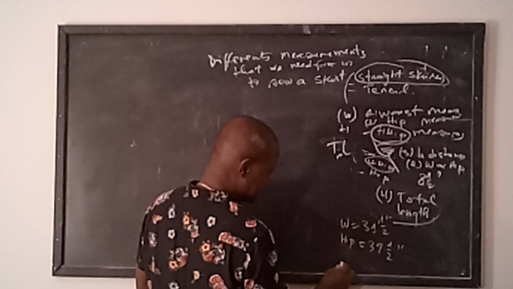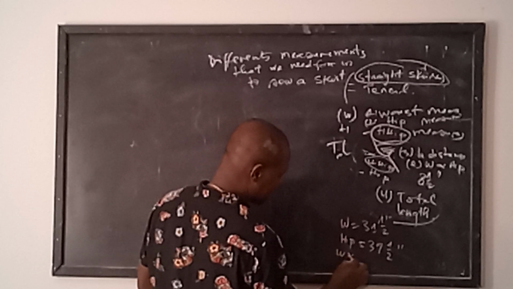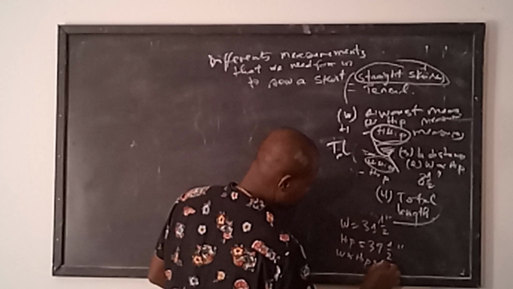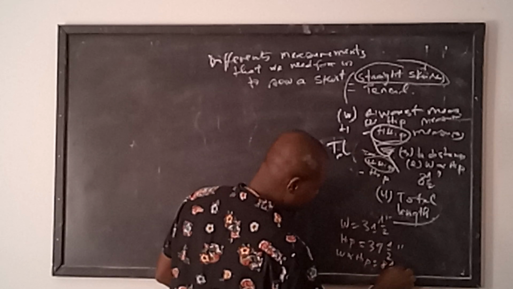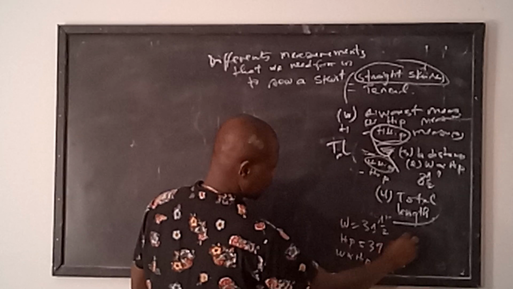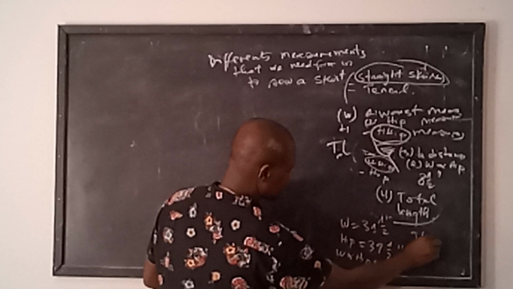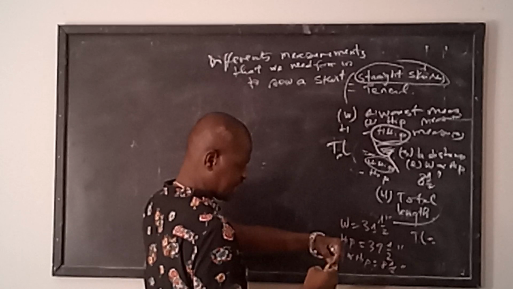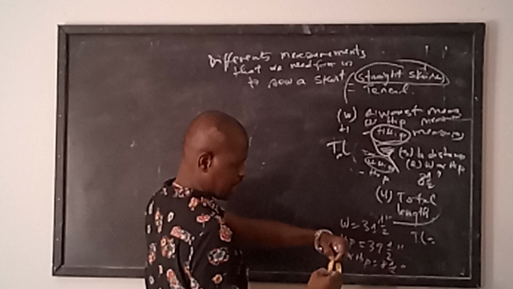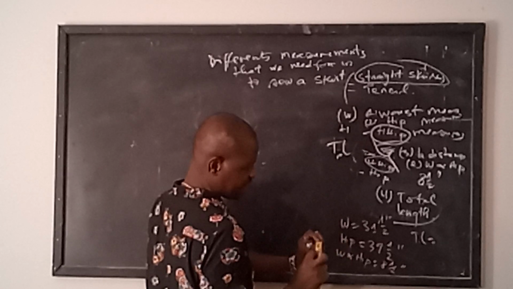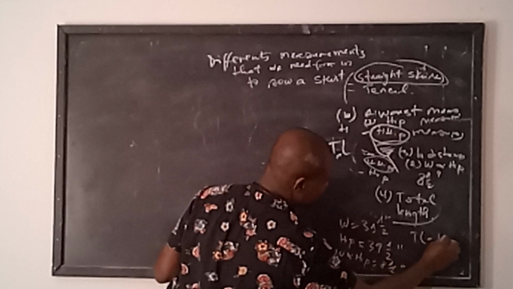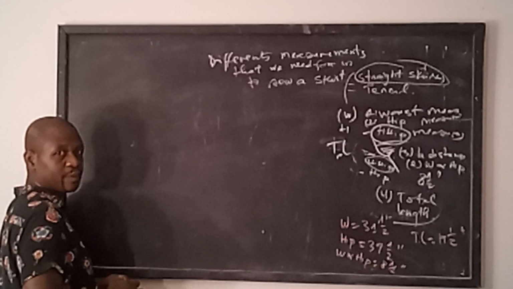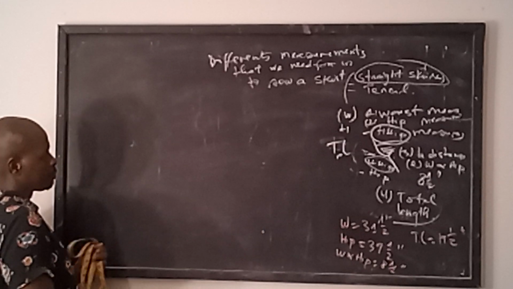The distance between waist and hip is 8.5 inches. For the total length, I'll take the pattern to above the knee, say 50 centimeters, so let's put 19 and a half inches.